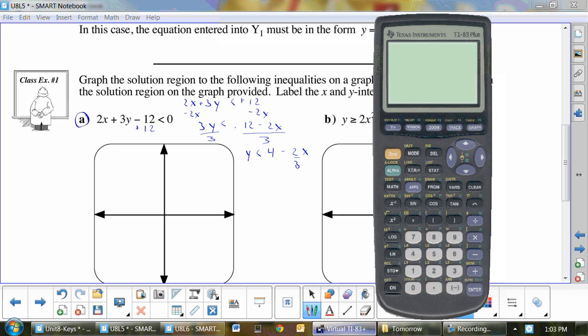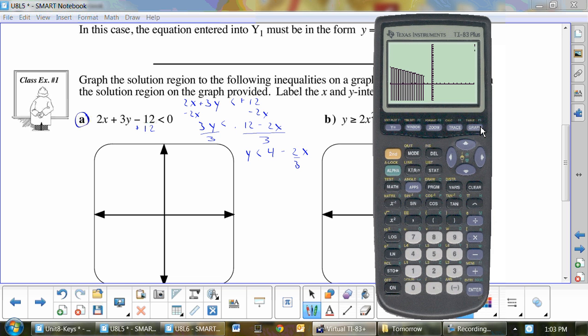So when we're graphing this, we enter 4 minus, and remember to put those coefficients in brackets if they're a rational number, x. Because it's y is less than, we're going to make it a less than. So y is less than 4 minus 2 over 3x.